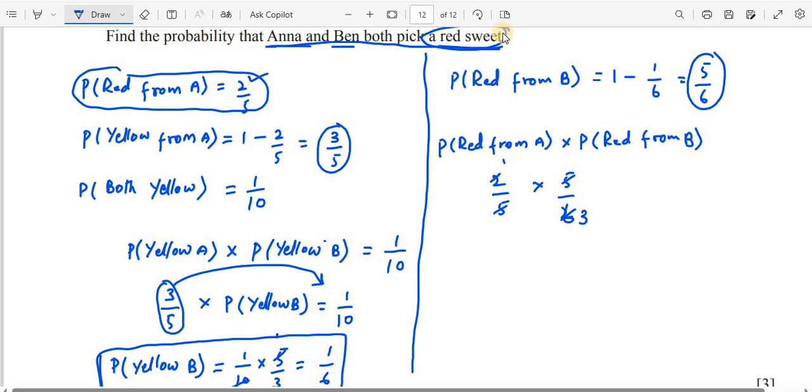So remaining is 1 by 3. So the final answer is 1 by 3.